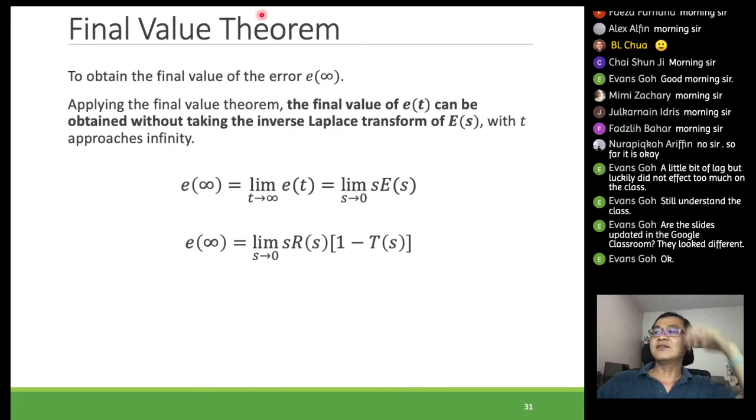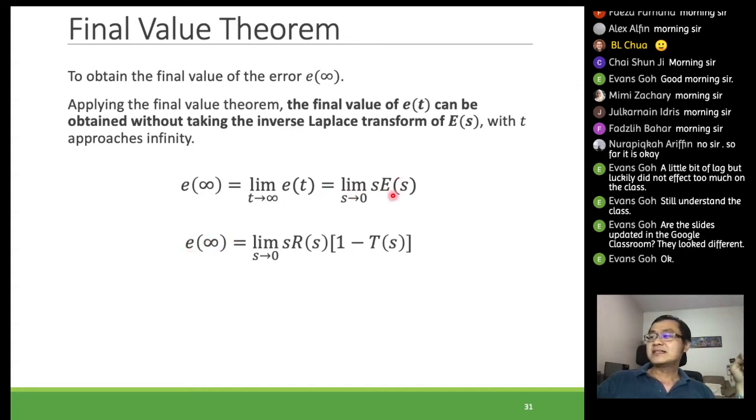As our final value theorem, by taking the limit when time approaches infinity, we will know the error. When we take the Laplace form, this is when s approaches 0, and we multiply by an s at the front, so we have s E(s). This is the equation that we will deal with to evaluate the final or the steady state error.